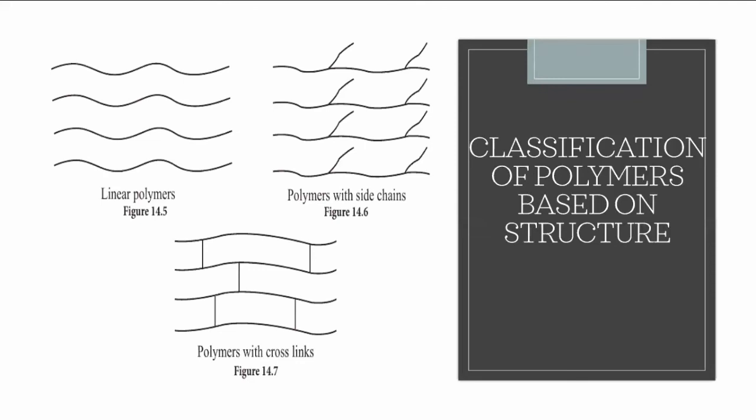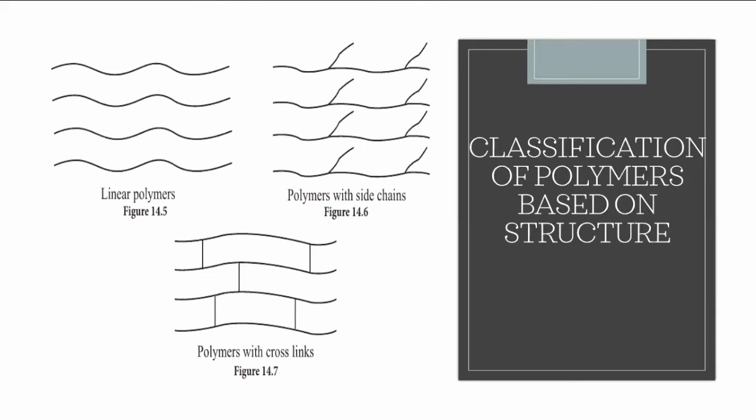The polymers in which the linear chains are cross-linked are known as polymers with crosslinks. Polymers where side chains are attached to the principal linear chain are known as polymers with side chains.